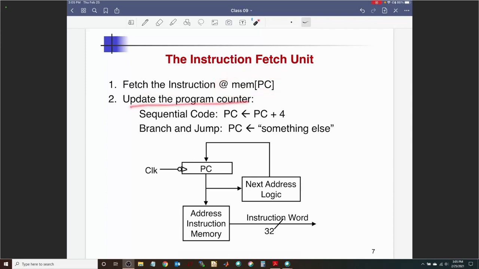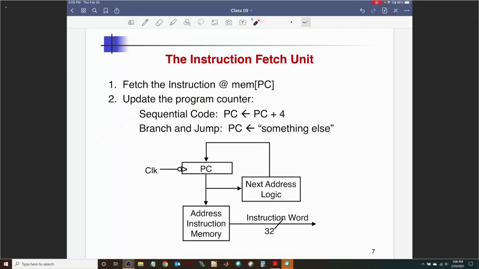Update the program counter. You can do that in two cases. If you are doing things sequentially, then the program counter gets updated by current value plus 4. That's sequential, one instruction after the other. Or in the case of branch and jump, your program counter gets updated with something else, just as we saw, PC plus 4 plus some sign extended 16-bit address.